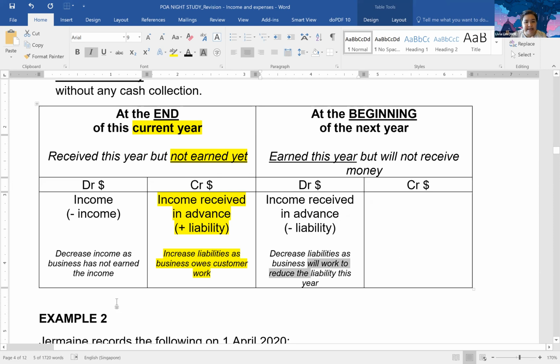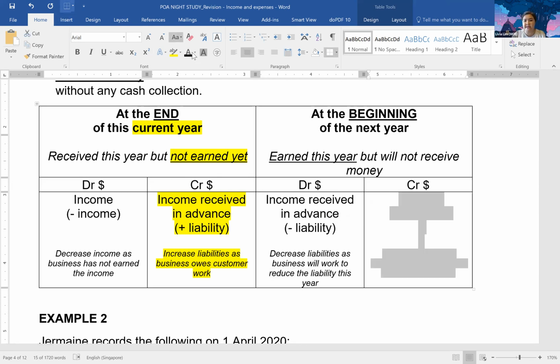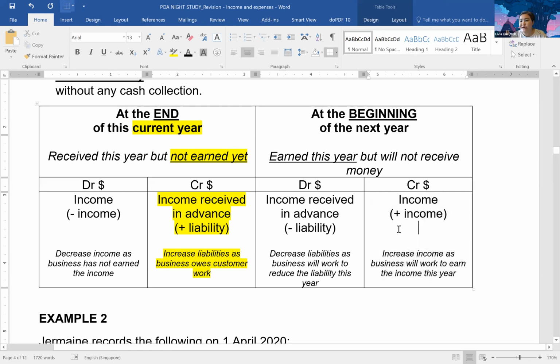The second thing is, you are going to earn the income that year. You are going to record income plus because you're going to earn it this year. You will work to earn the income this year.